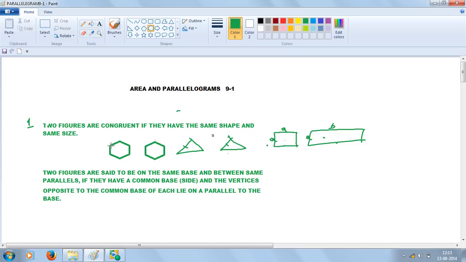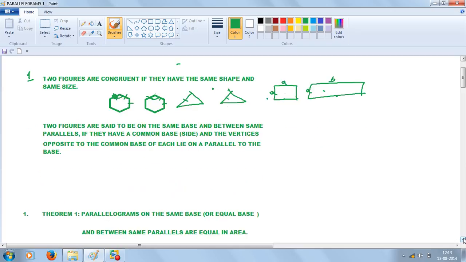When we say the same size, the lengths of the sides should be equal to each other, and also the angles. So the corresponding sides should all be the same. Two figures are congruent if they have the same shape and same size.